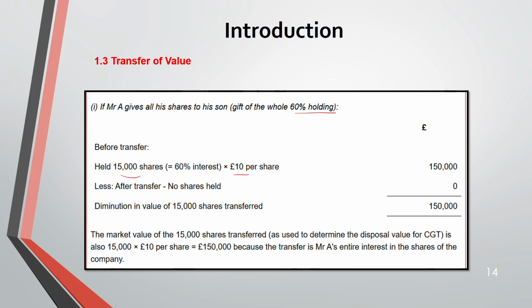Now, if he's giving the entire 60%, that means after transfer there are no shares held. He'll have 0. So the value declined from 150,000 to 0. That is 150,000, the diminution in value. On this you have to pay IHT.